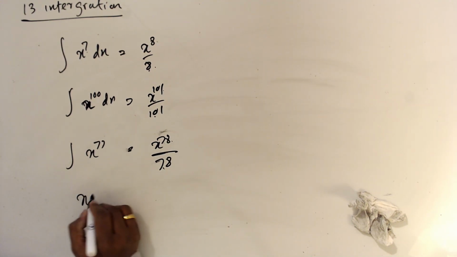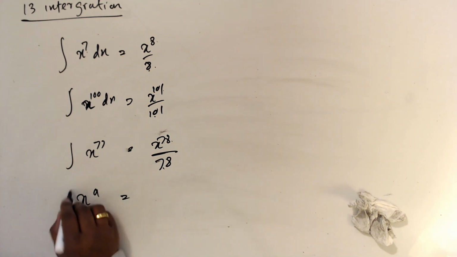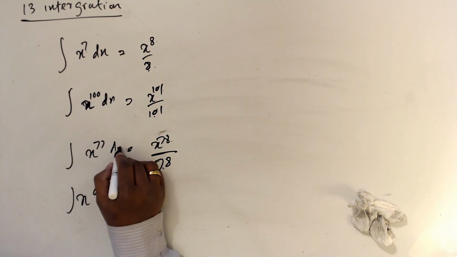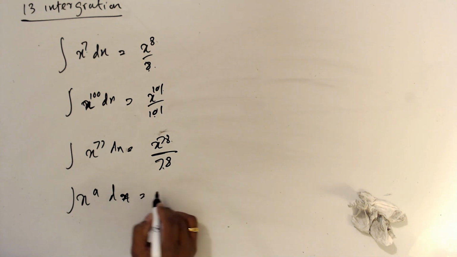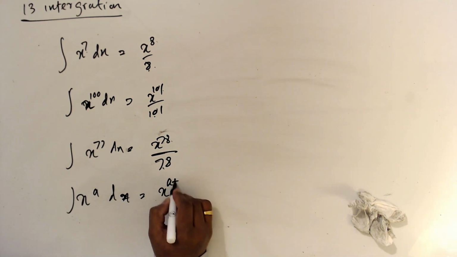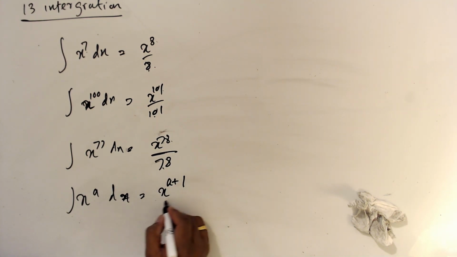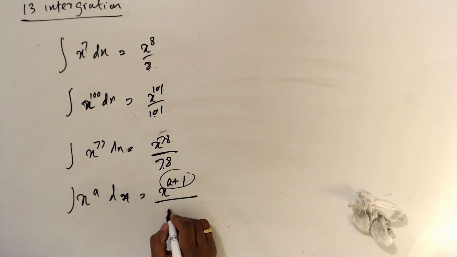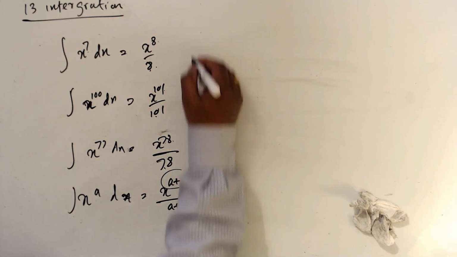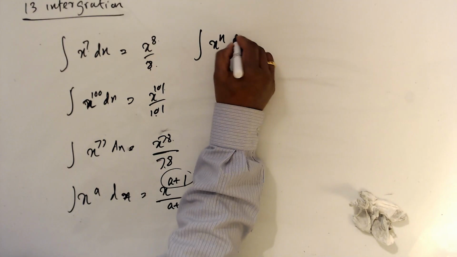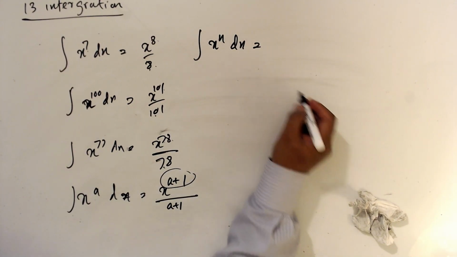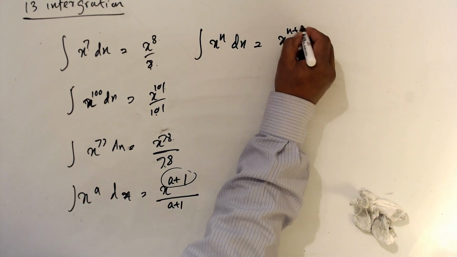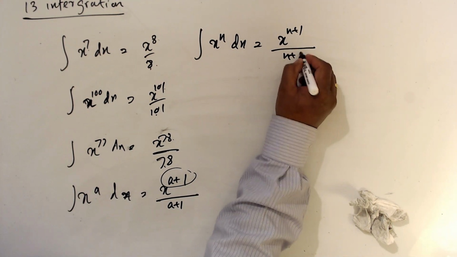If it is x to the power a, how do you do it? What is the command given? Add 1 and divide by this number. What is this number? a plus 1. And if you have x to the power n, what do you do? You add 1 and divide by this number, n plus 1.